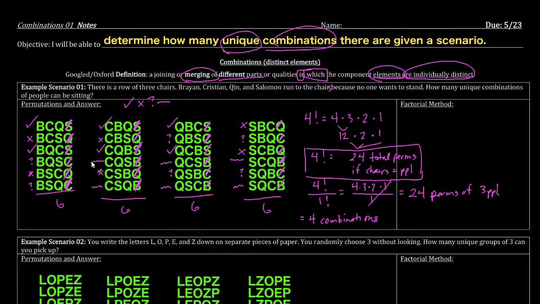Now, remember where we found out that each set of 3 can be repeated 6 times. Each set of 3, BCQ for instance, was repeated 6 times. 1, 2, 3, 4, 5, 6 times. The question is, how do we get that 6 times if we don't know it?